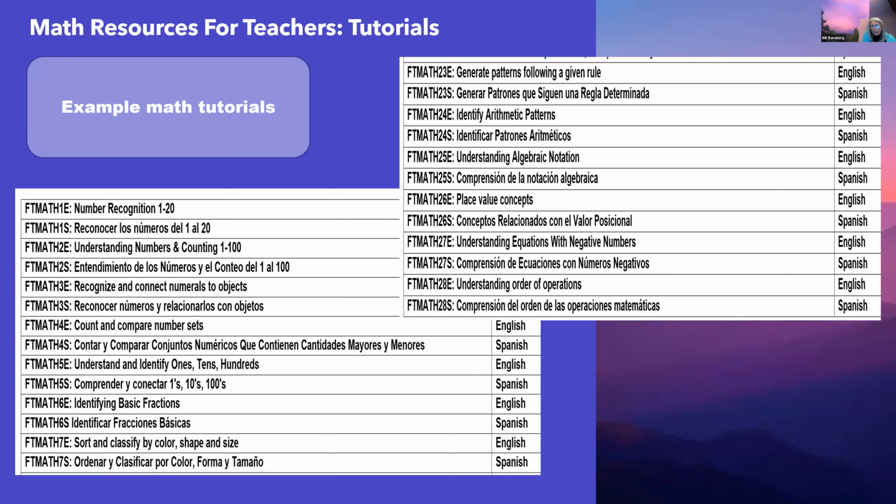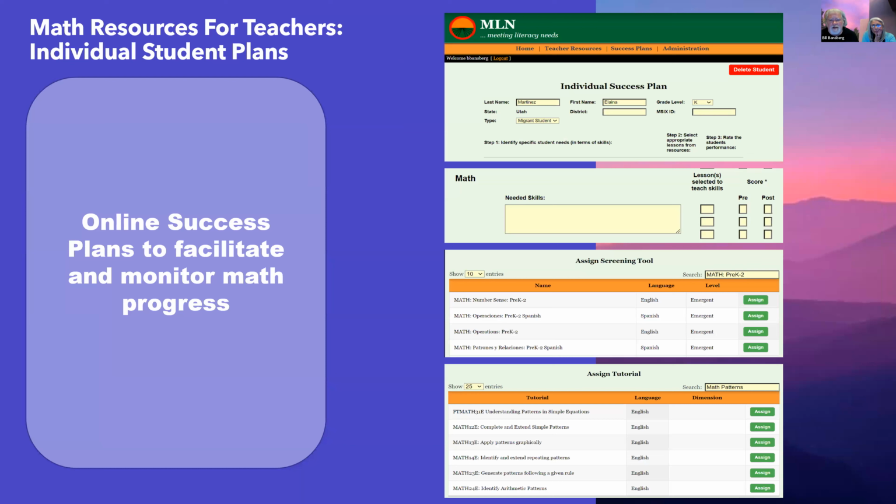You can allow the screeners to assign the tutorials, or as a teacher, you can choose which ones you want to assign. And they are assigned, which is the next thing a teacher has on the system, by these online success plans. We have online electronic success plans, and this is where you would assign the screeners and the tutorials to an individual student.